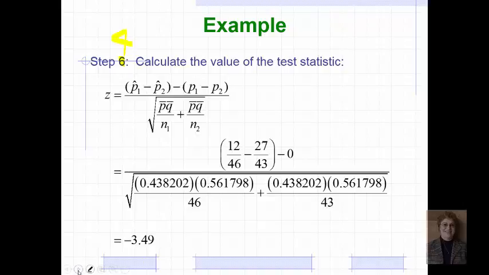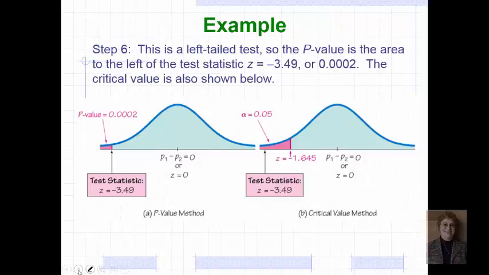Now, what does that mean? When you're looking at this, it's going to be a good idea to draw your distribution so that you have an idea of the part of that normal distribution that you're looking at. So this is a left-tailed test since our z was less than 0, and we can calculate the p-value of that statistic.